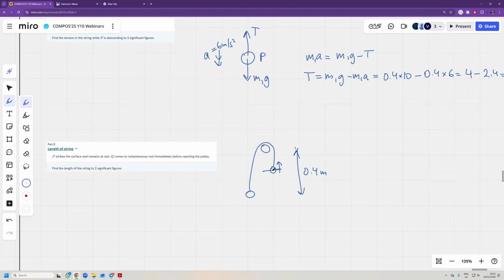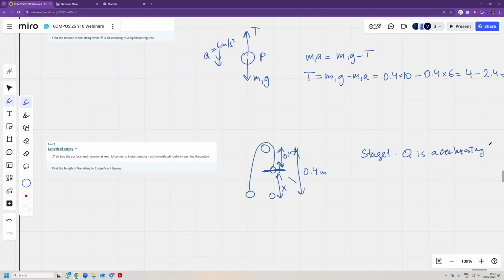Right, so let's say it moved up by X meters, and then it traveled 0.4 minus X. So stage one, Q is accelerating.